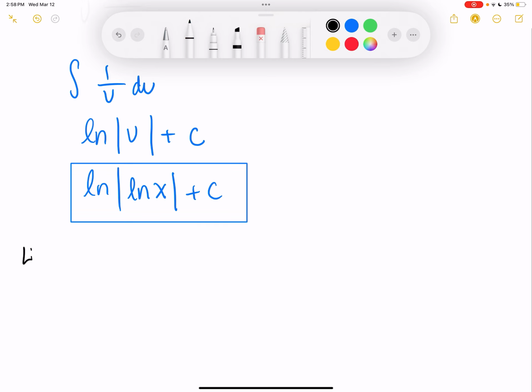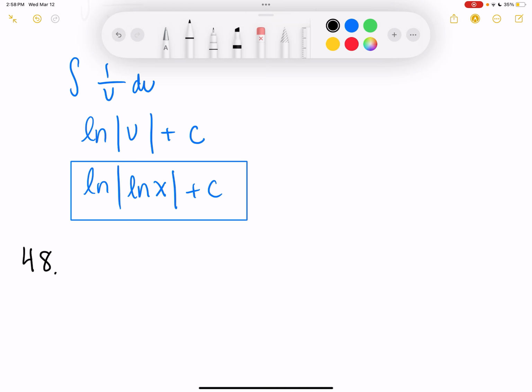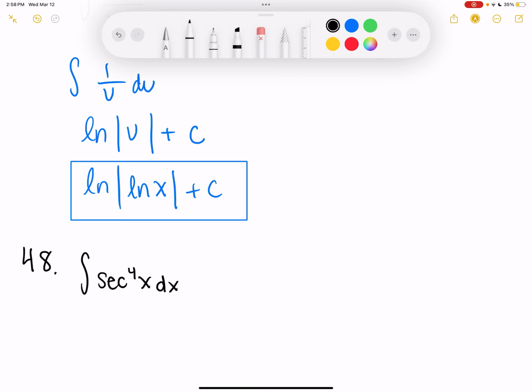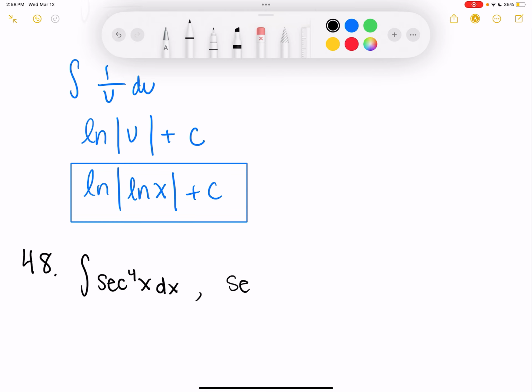Alright. These are the same thing, they're just harder. Use the given trigonometric identity to set up a U substitution and then evaluate the definite or indefinite integral. So I have the integral of secant to the 4th of x dx. And they have told me that secant squared of x is equal to 1 plus tangent squared of x.